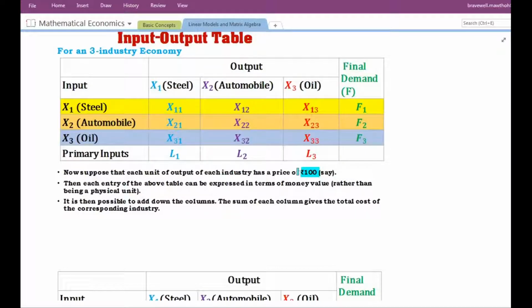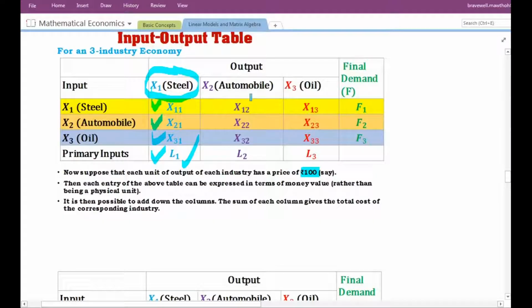By doing in this manner, we are able to express all the entries in the above table in monetary terms. If we add each column, it will tell us the total costs incurred in producing 1 unit of output of a particular industry. So if we add the first column, it will tell us the total cost incurred in producing 1 unit of steel.